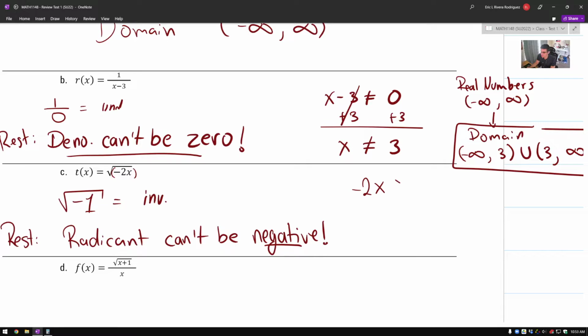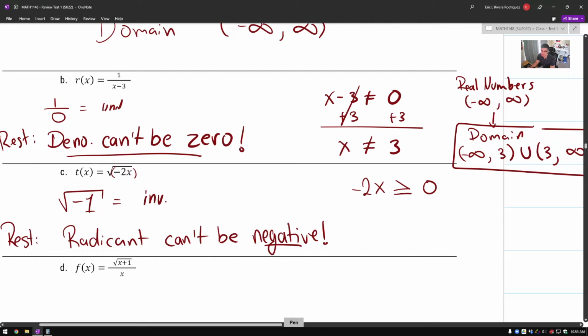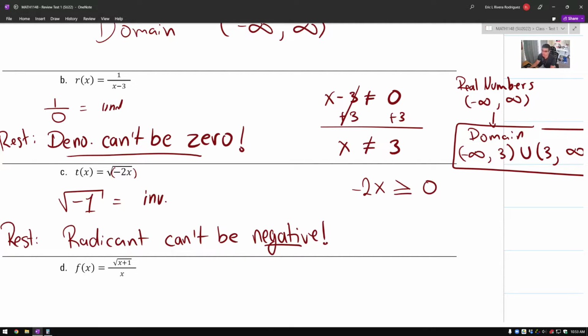We are looking for greater than or equal to 0. 0 is allowed, square root of 0 is 0. 0 is allowed in the square root because we can get a value out of the square root of 0. When we are working with square roots, the radicand needs to be greater than or equal to 0. So we use this inequality to solve for x.